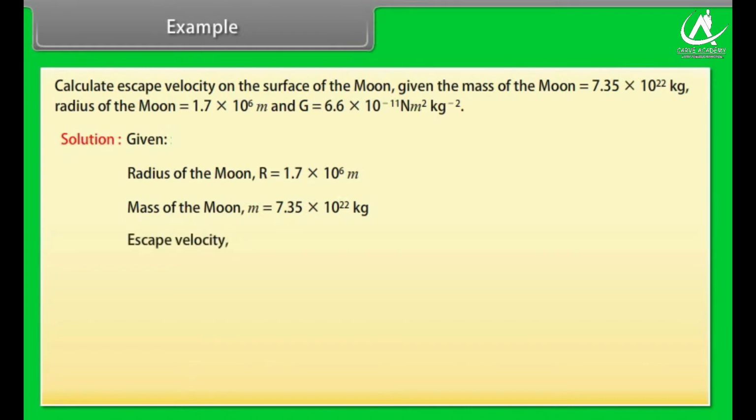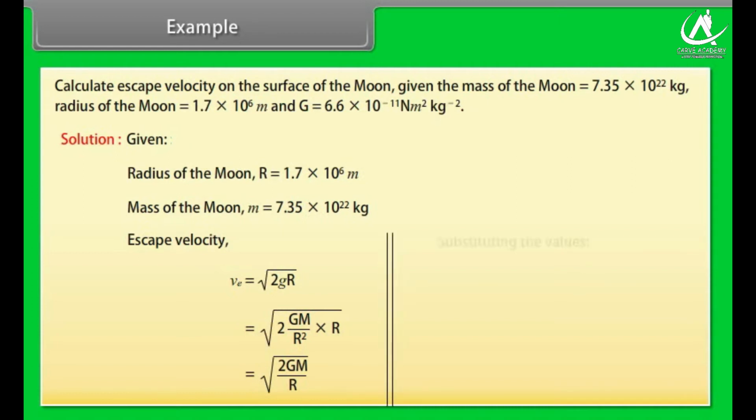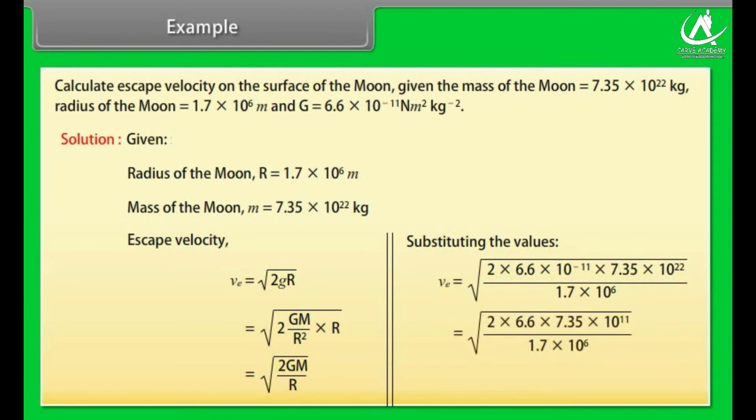Escape velocity is equal to square root of 2gR. By putting the value of g, we get escape velocity equal to square root of 2GM upon R. By substituting the values, we get escape velocity is equal to 2.4 × 10^3 meter per second.